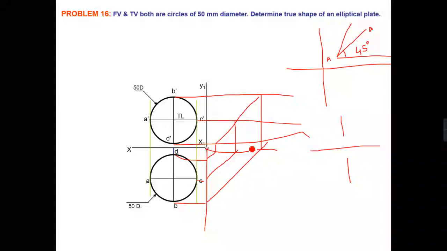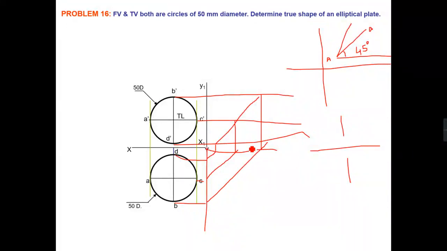Or what you can do is, this is your XY line. After marking the XY line, I will draw these points, like I will take the distance of point A from the XY line, then I will mark it here.